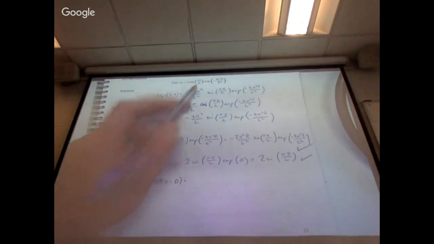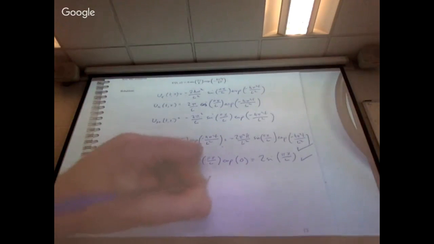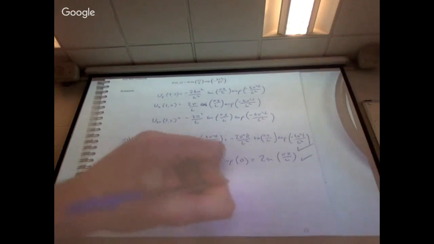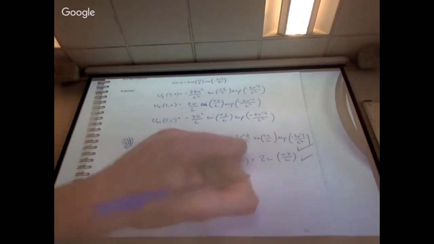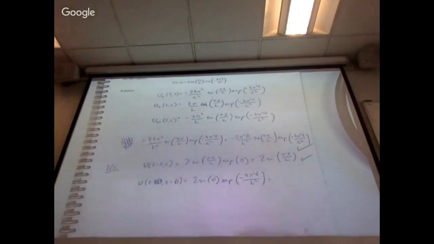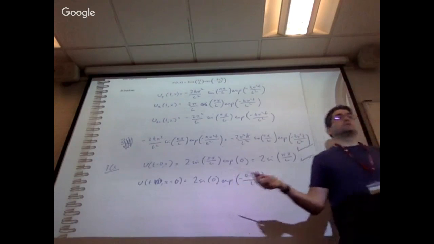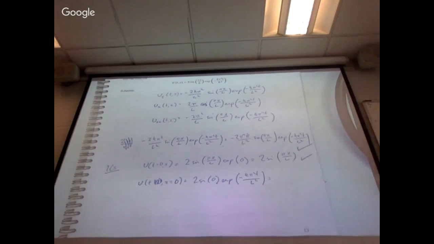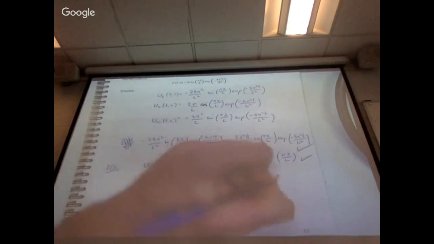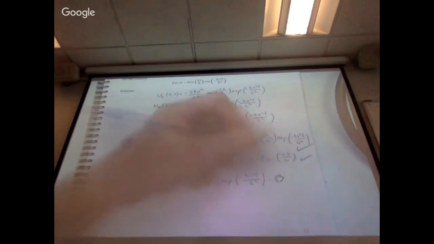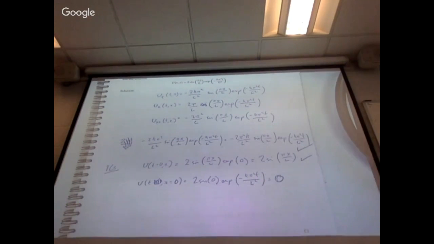Okay, so we'll have 2 times sine of 0 times e to the minus k pi squared t over L squared. What's the sine of 0? 0? Yeah. Okay, so that's all just going to collapse to be 0. So that's the one boundary done.